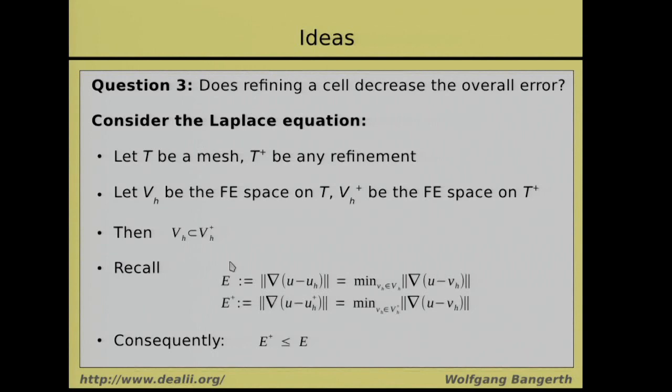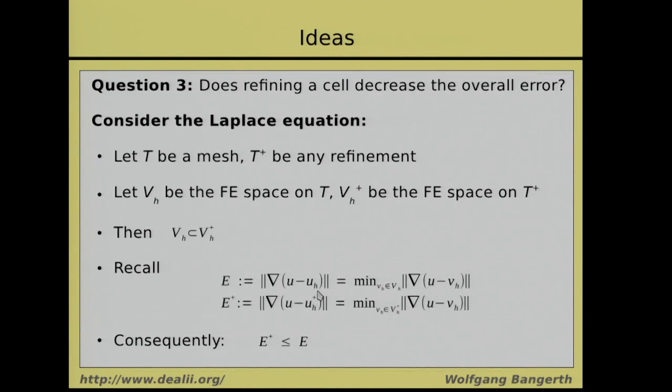So if I were to define the error as the gradient of U minus UH, so that's the H1 semi-norm of the error, then I can show with not very much trouble that the error of the finite element solution turns out to be the minimum of, let's say, all possible choices here.